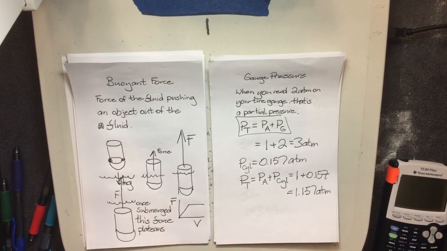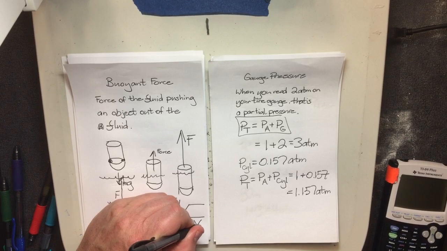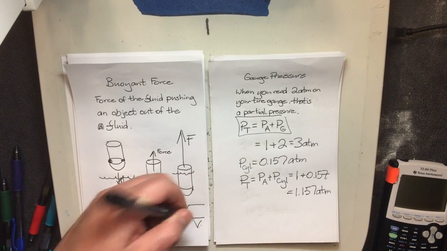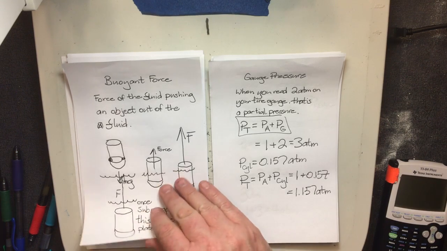Once you submerge it, that force linearly increases. Once this volume reaches a certain point, i.e. reaches the point when it's fully submerged, that force doesn't increase. So my brother and I, if we were able to get that bucket underwater, we were good to go. If we couldn't get it underwater, we didn't have the force necessary to completely submerge it. But once we got it underwater, we were able to move it around, because if we were able to overcome that maximum force, we could hold it underwater.